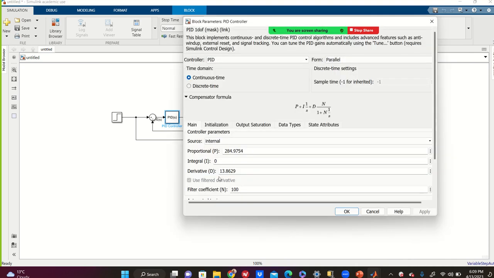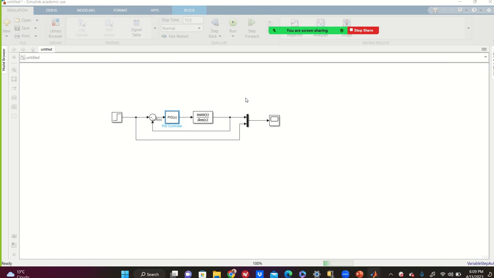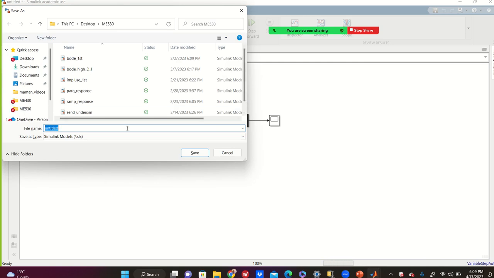P gain, D gain. I put I still 0 because I didn't teach you yet. PID. Okay? And then I'm gonna save it as Simulink PD controller.